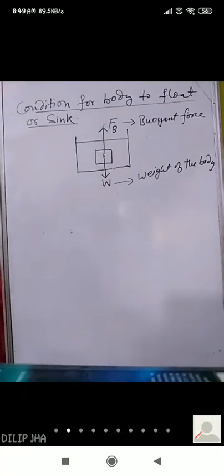Now these two forces will be acting in opposite direction. दोनों का डायरेक्शन अपोजिट और दोनों का काम भी अलग अलग. Weight of the body has a tendency to make the body sink because it is acting vertically downward.